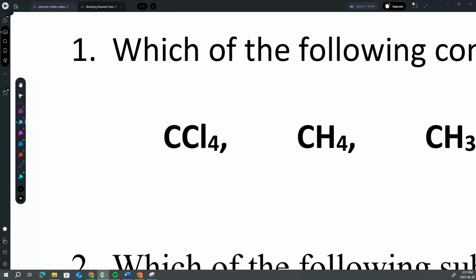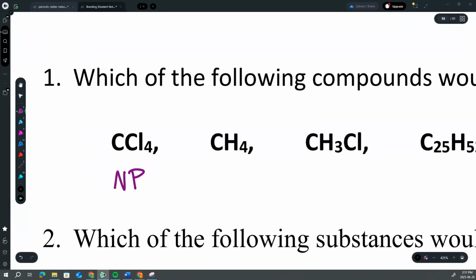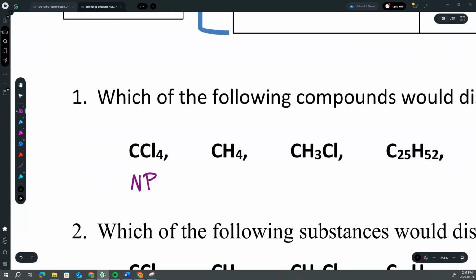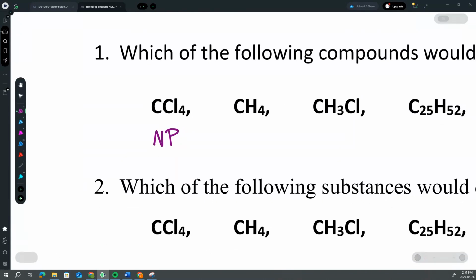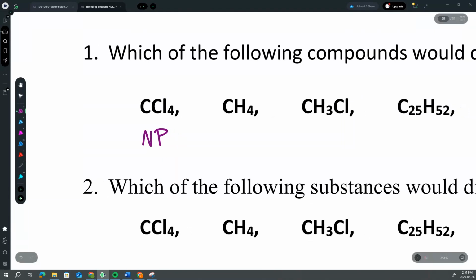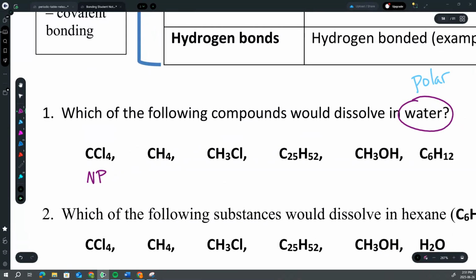That means this is going to be nonpolar. And I'm going to abbreviate nonpolar to NP just to save on space. So carbon tetrachloride would not dissolve in water because water is polar and carbon tetrachloride is nonpolar. With methane, because it's carbon with only one other thing, this is also nonpolar.